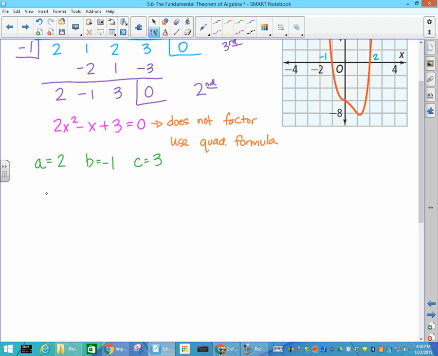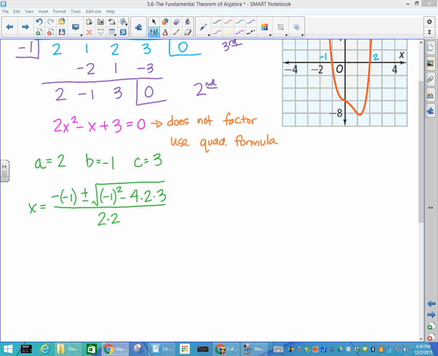So from here, what do I have? My quadratic formula says x equals, it's a bunch of stuff all over 2a, negative b plus or minus the square root of b squared minus 4 times a times c. Alright, so that's what we have.